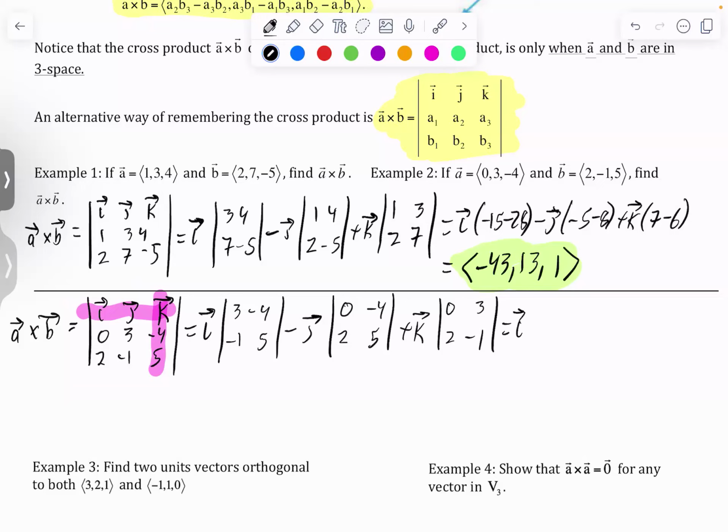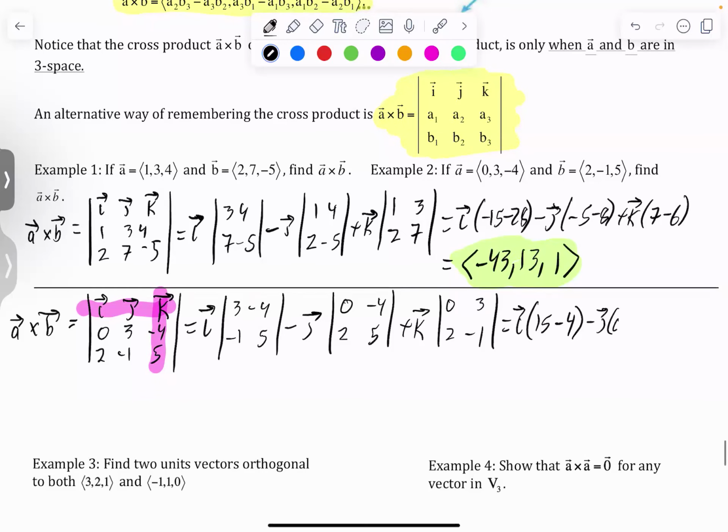Vector i. 3 times 5 is 15. Now be careful, minus -1 times -4 is +4, so there's still minus in there. That's 3 minuses. Minus vector j. 0 times 5 is 0, minus -8, so that's going to be 0 plus 8, plus vector k times 0 times -1 is 0, 0 minus 6. 15 minus 4 is 11.